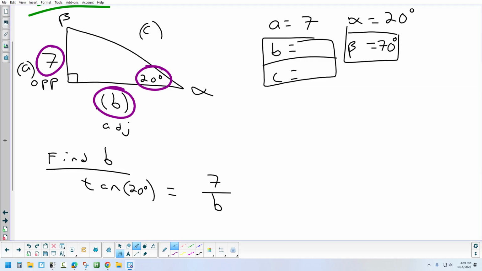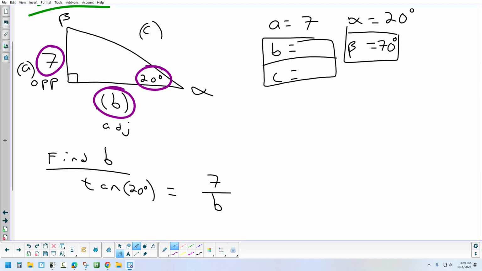And Nora, do you remember the trick we can use to get B by itself there? Multiply by... Well, you can then multiply by B and then divide by something, but there is a trick so we can avoid that, and we don't have to do it every time. Does anyone remember what the trick was?